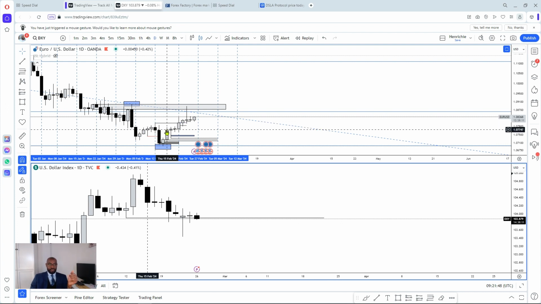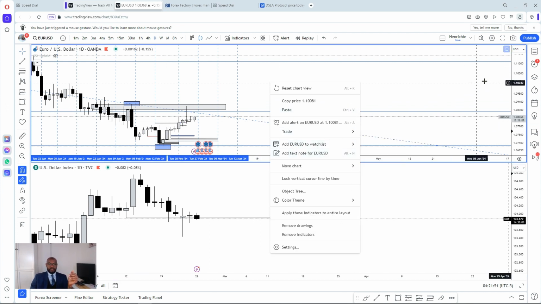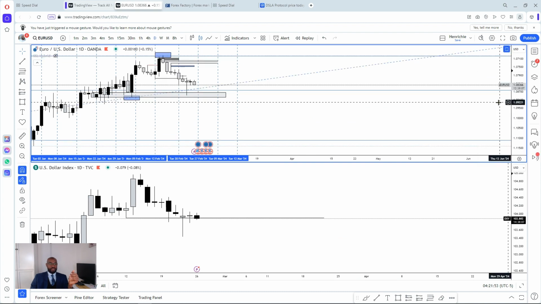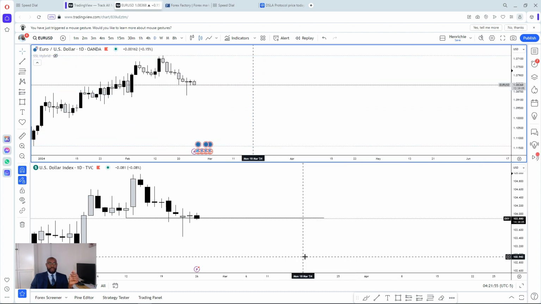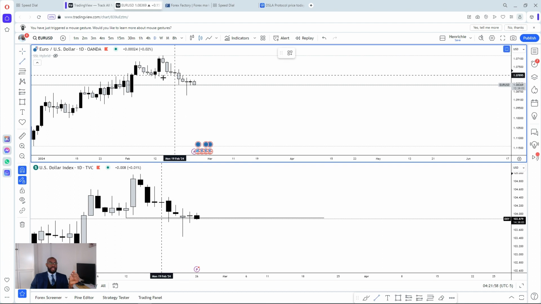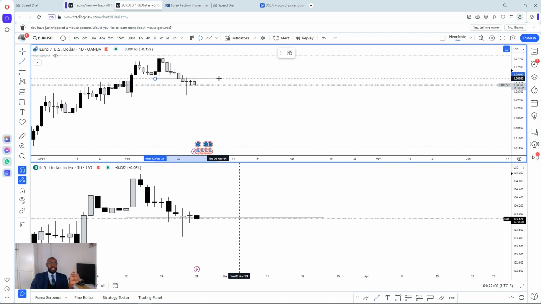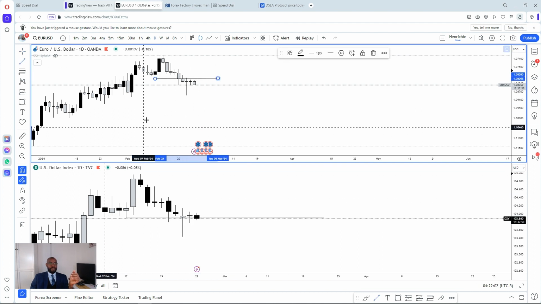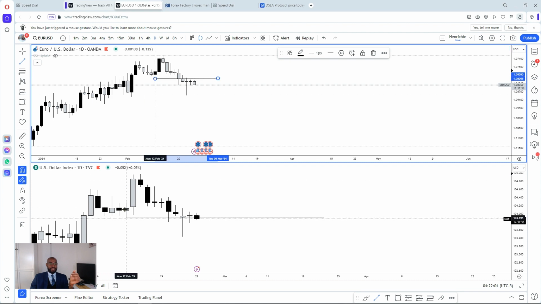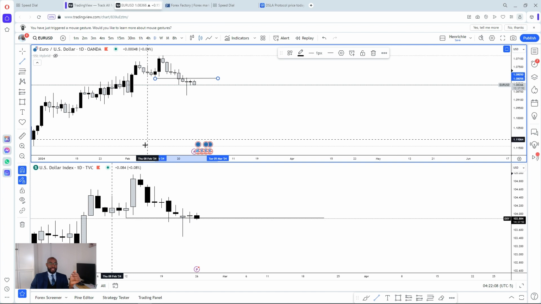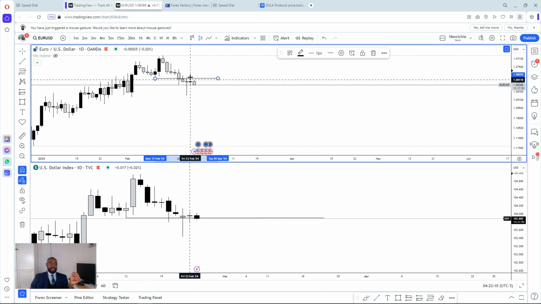Let's flip the chart on the euro so we can compare the two as well. Now wipe my chart. So you can see on the euro right here, this is the low, the same low right here on the dollar. You see now they look very much identical. The same low right here is the same low right here. High, high. Then this is the low on euro.